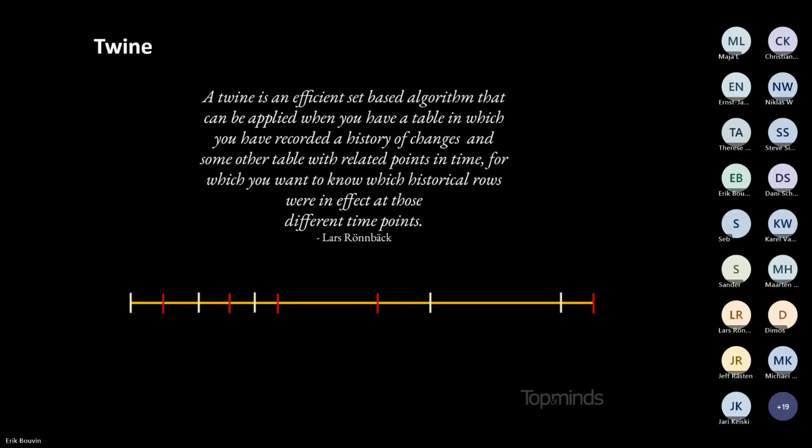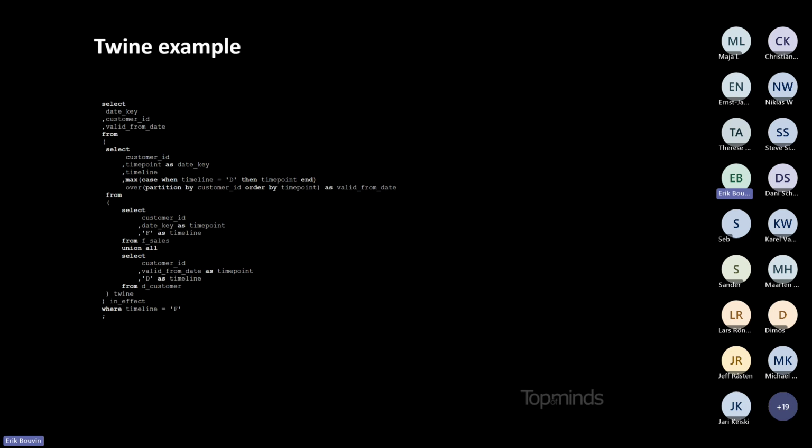Okay, and if we look at a code example, the Twine looks like this, where you have the tables or models that you want to Twine, in this case, the sale and the D customer. You create this unified timeline, and also you're defining these.